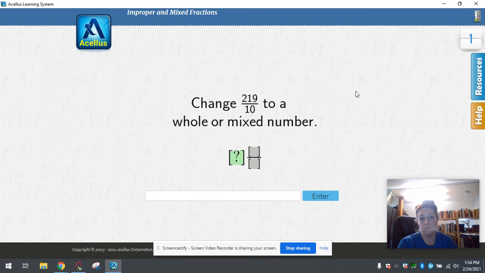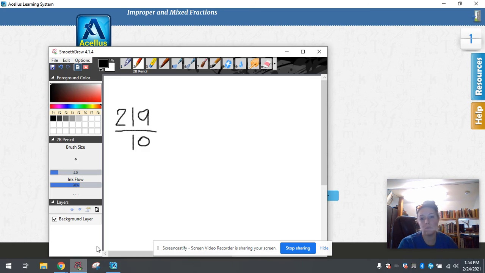Okay, I'm going to do this the long division way. Remember, fractions are division, so this says 219 divided by 10. To do the long division, I would do 219 divided by 10.